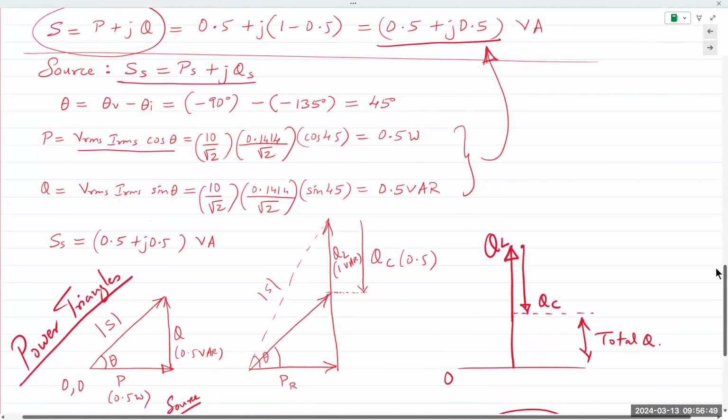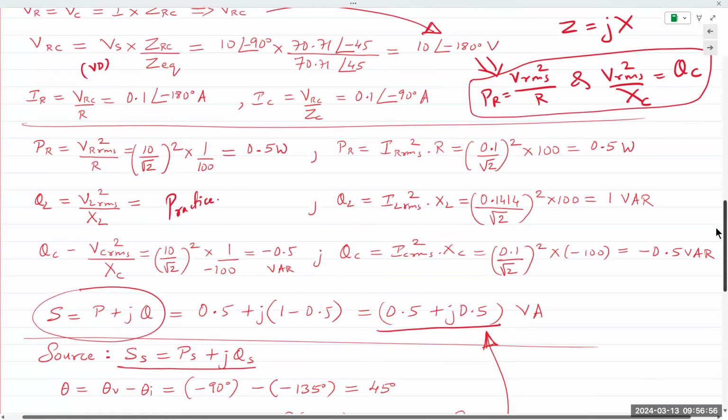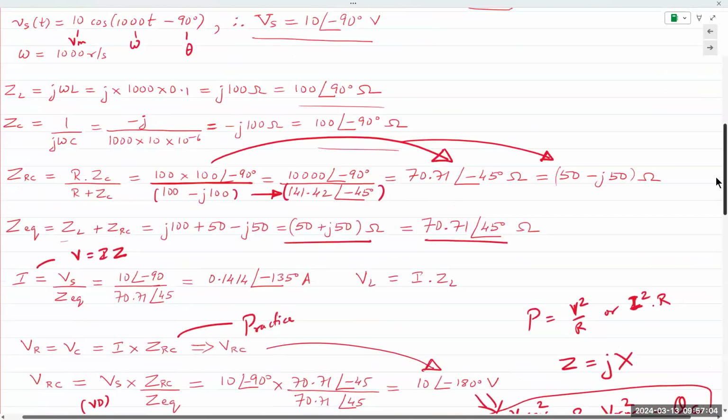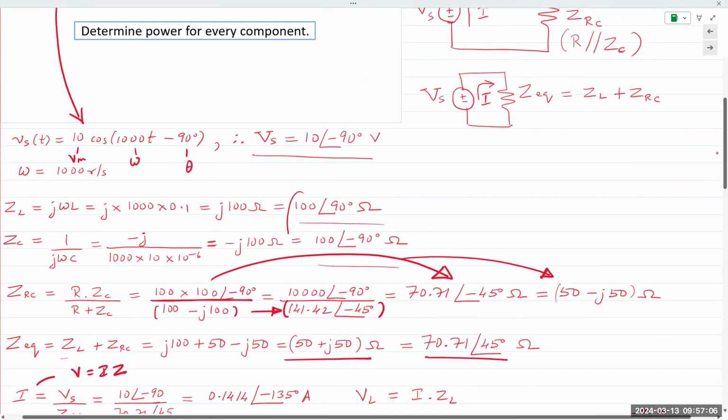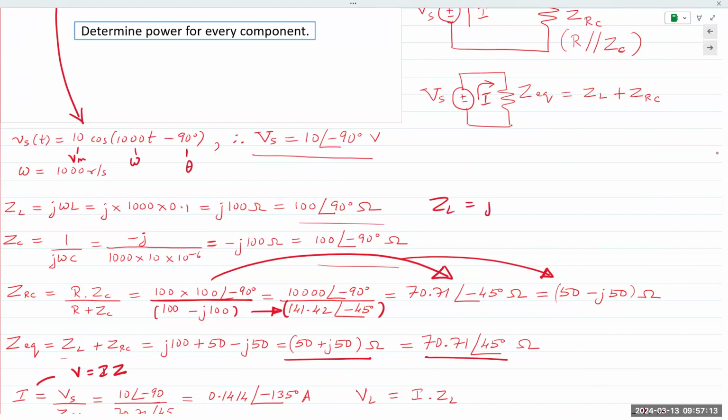Yes. Yeah, it's right here. So this is ZL, which is JXL.